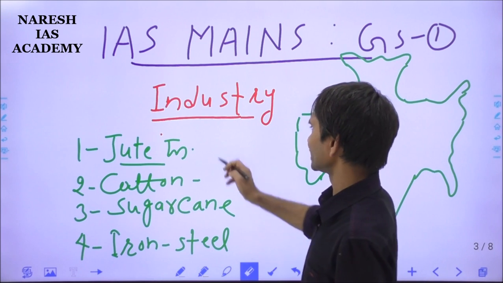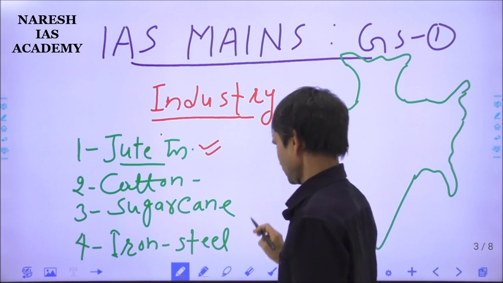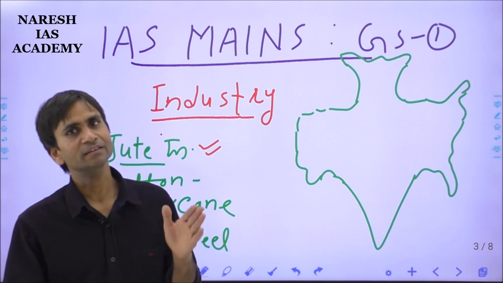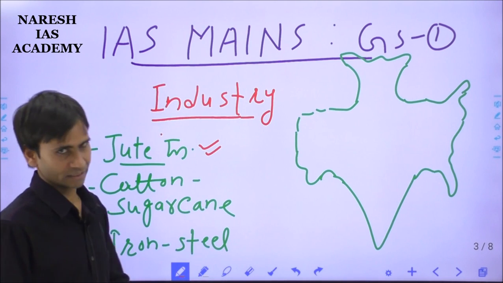One is the jute industry. The centralization and the decentralization of the jute industry.